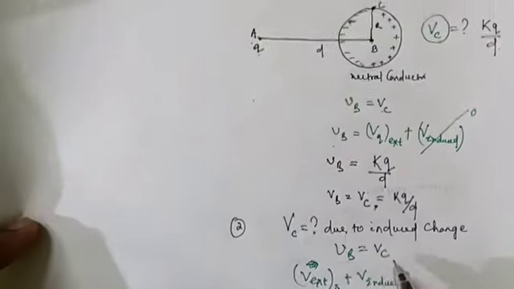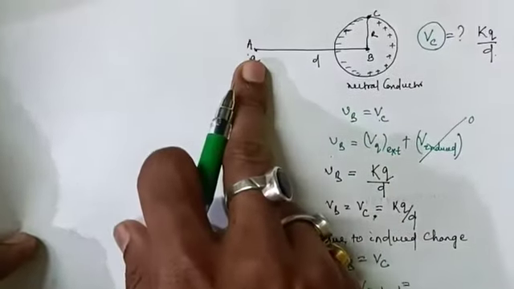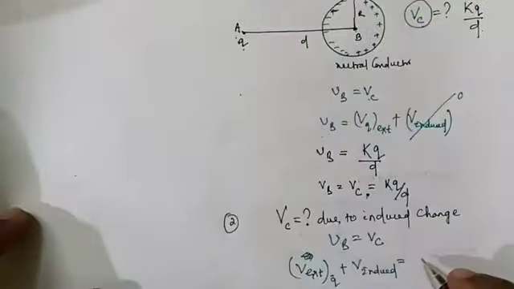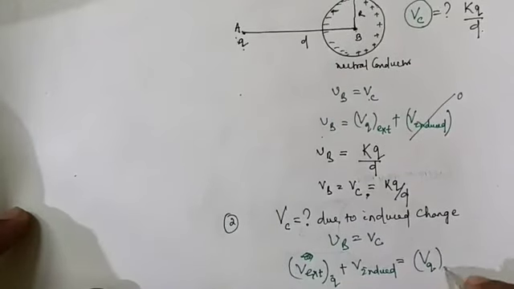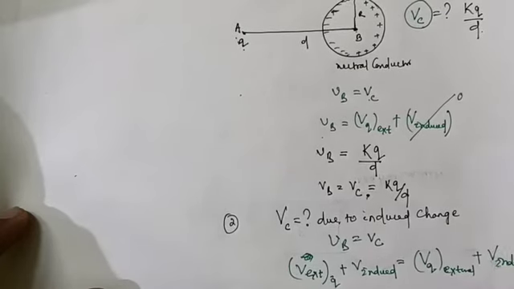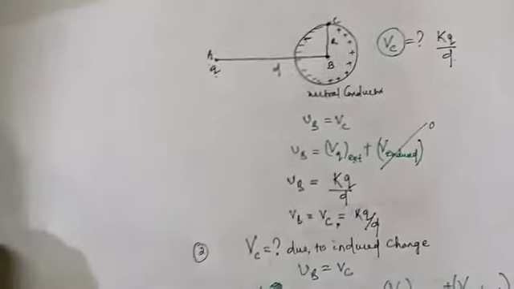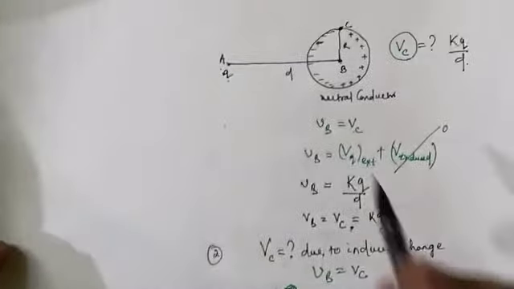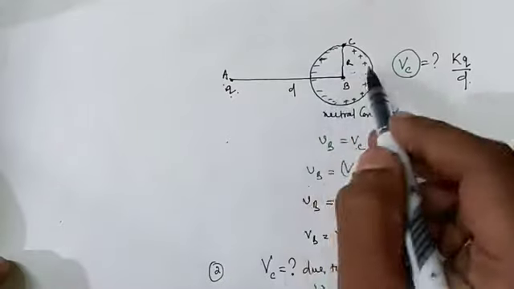Similarly, potential at C is also due to this charge and induced charges: potential due to Q, the external charge, plus potential due to induced charge. Because this charge always has a role, one is the external charge, another is the induced charge.